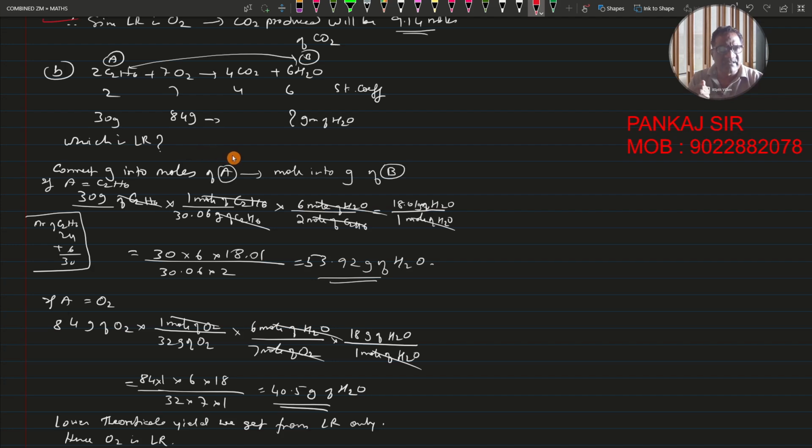That is, first you convert the grams into moles. So first I'm going to convert this 30 grams of ethane into moles. I'm going to use the formula n equals mass in grams upon the MR of ethane. The mass given for ethane is 30, and the MR, the RMM value, works out to 30.06.